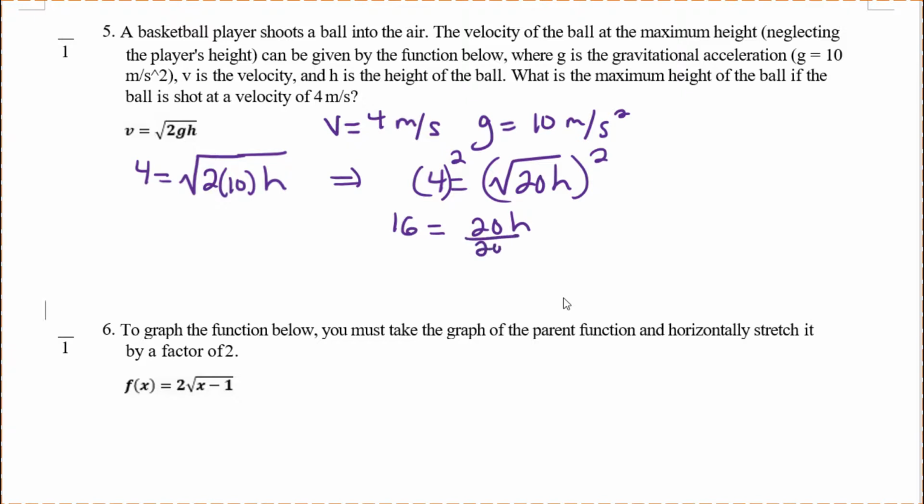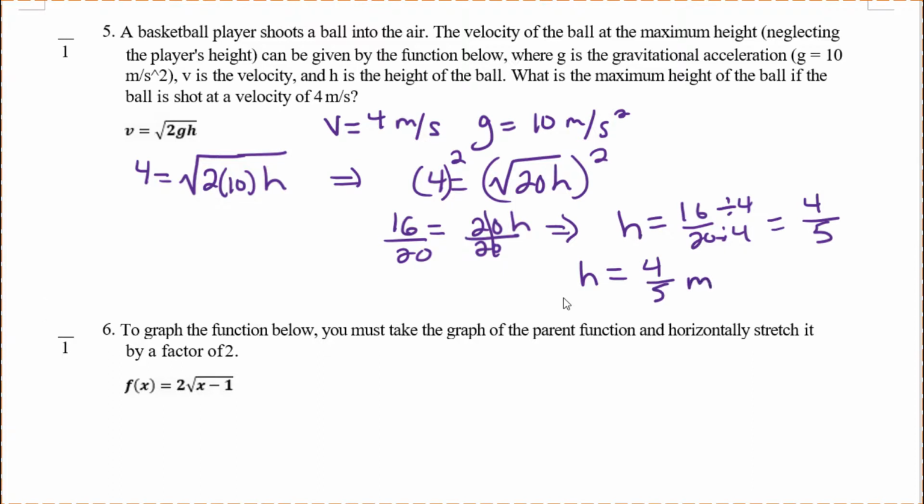Then we can divide by 20 on both sides. So h is equal to 16 over 20, which reduces. We can divide that by 4 on the top and bottom. So that gives us 4/5. So h is equal to 4/5 meters.